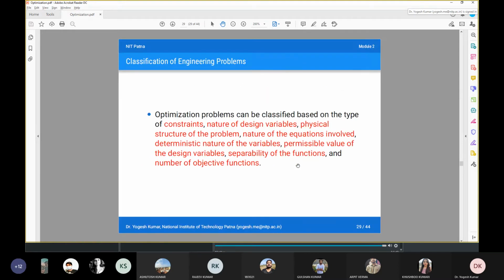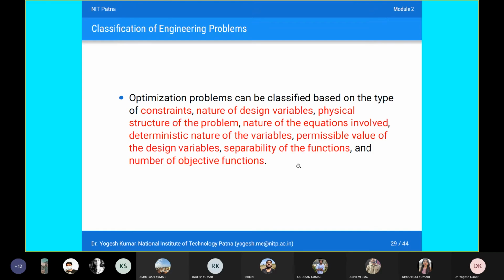Okay, so let us now move to the next topic, that is the classification of problems in engineering optimization. Because if we are able to identify what kind of problem we have, we will be able to apply the corresponding optimization technique.